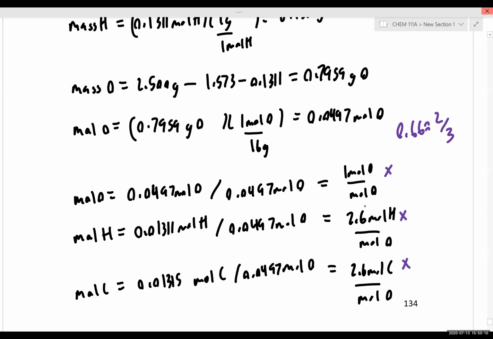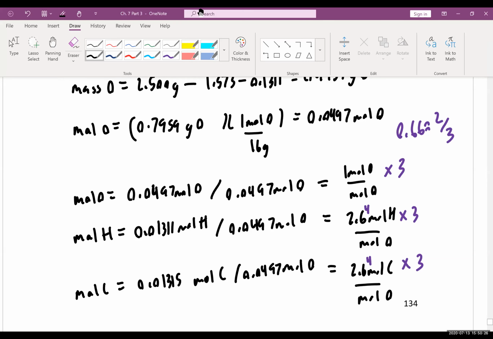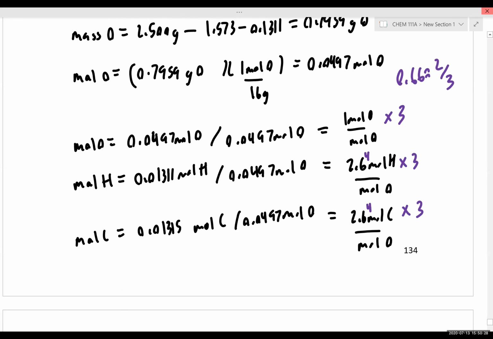Well, this is technically 2.64. So we'd multiply all of our coefficients by 3. Okay, and that in turn gives us C8H8O3.